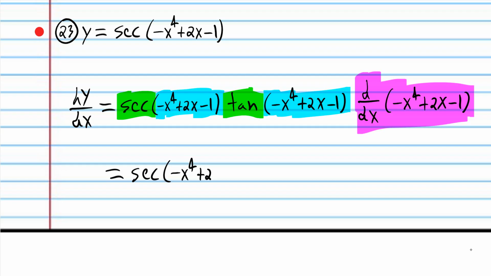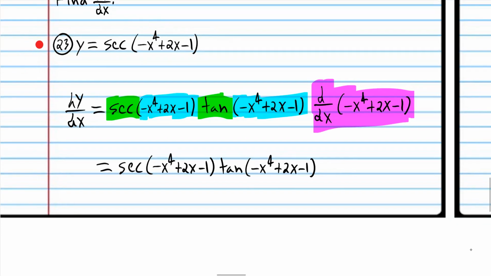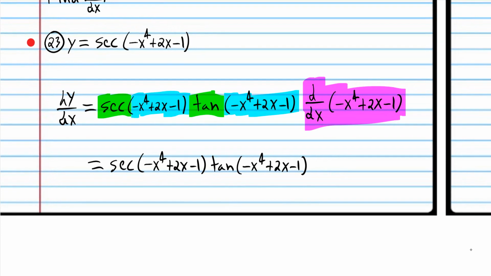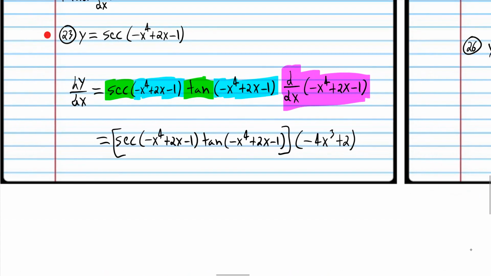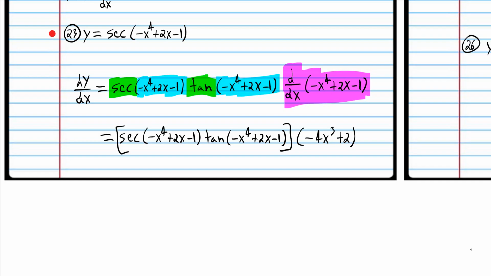You don't have to show all of these steps, but I'm going slow here so you know what we're doing. So the derivative, probably best to use brackets. The derivative is negative 4x cubed plus 2. Now, we don't want to write this over here with brackets because it's just not in the simplest form.